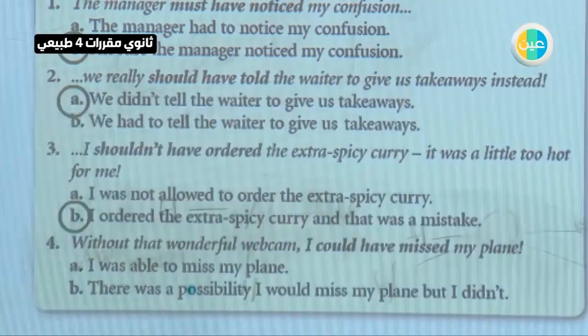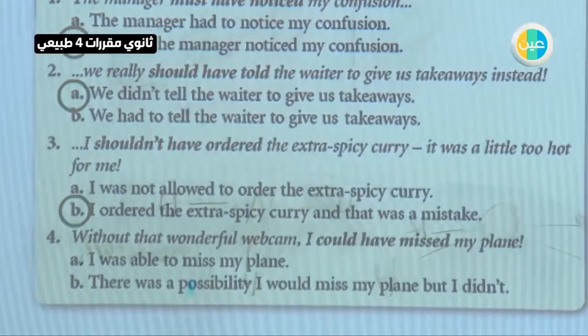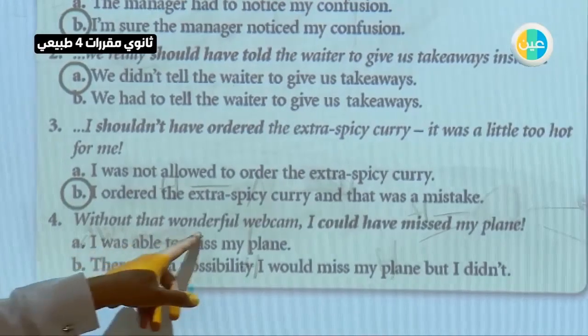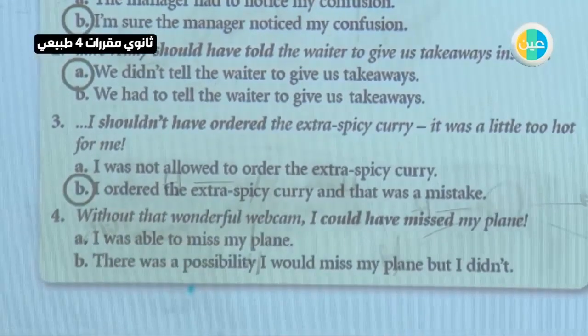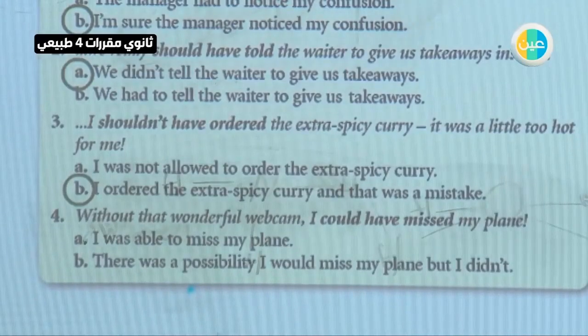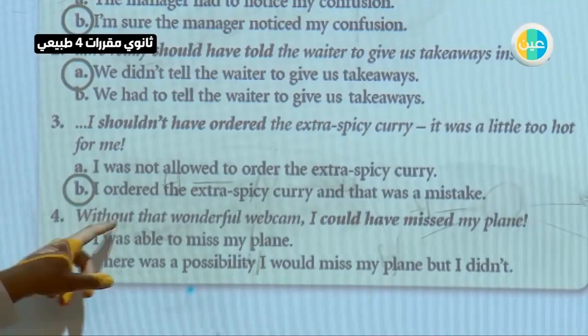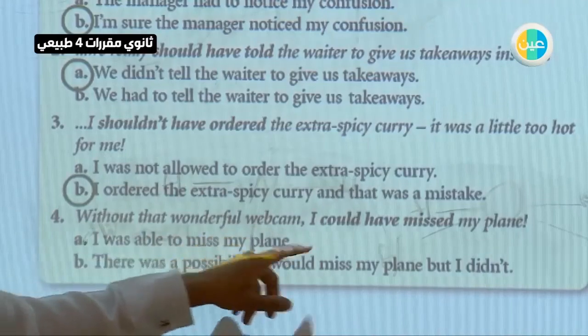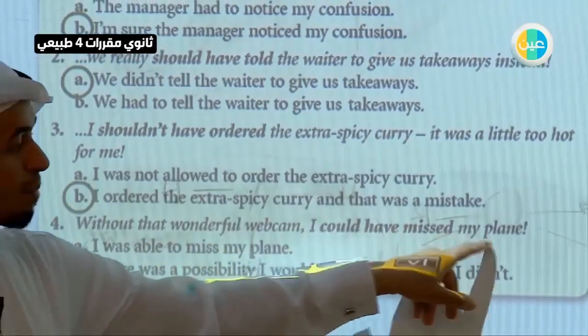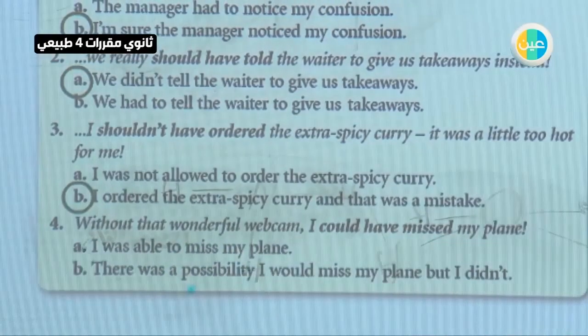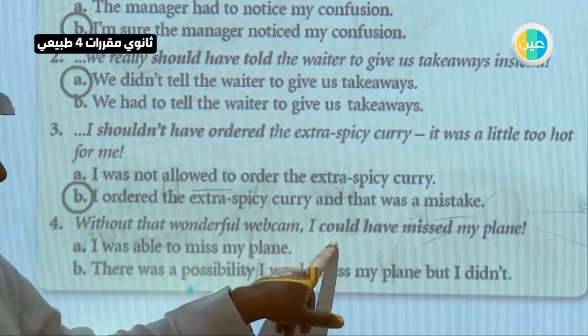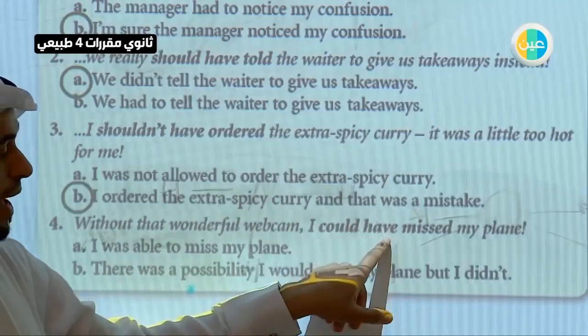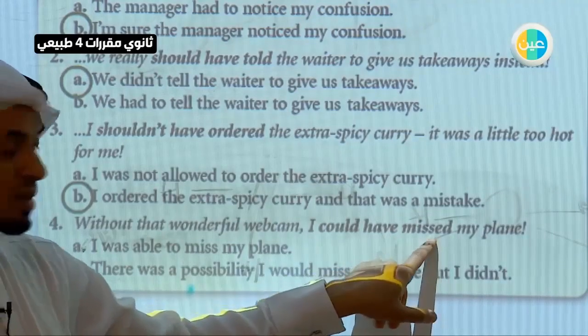Number 4. Without that wonderful webcam, the webcam that he saw in the restaurant, I could have missed my plane. The modal verb is could, plus have, plus missed.